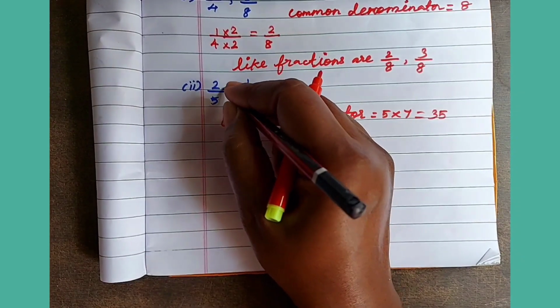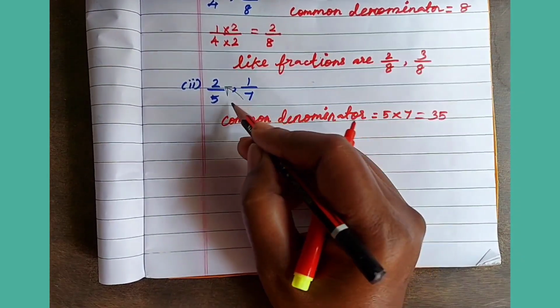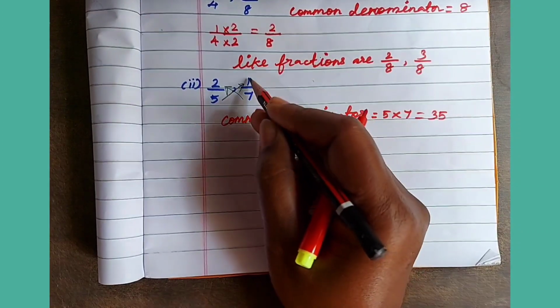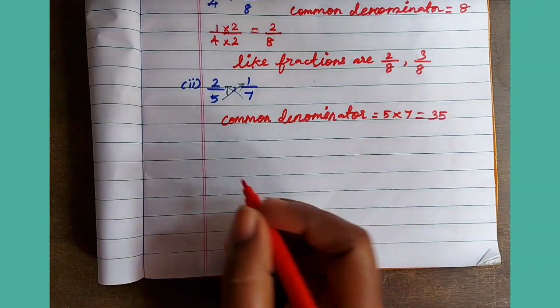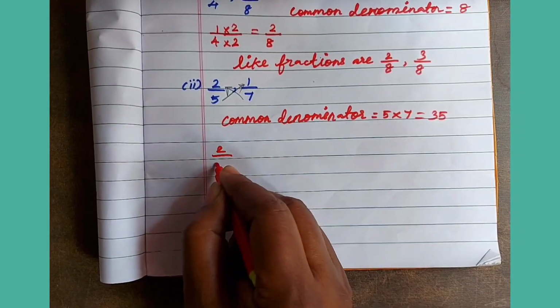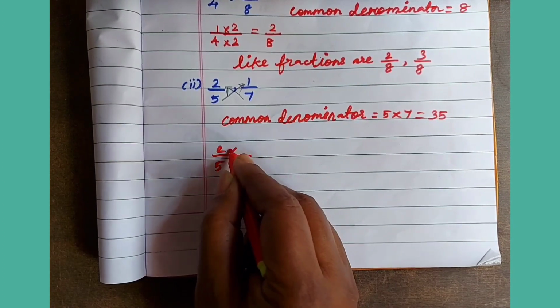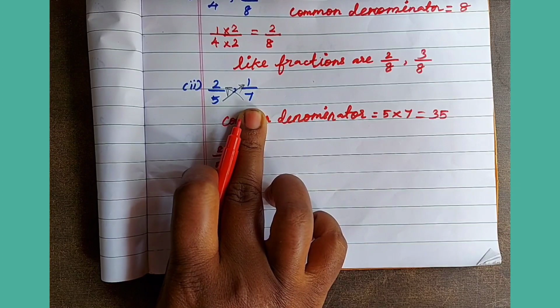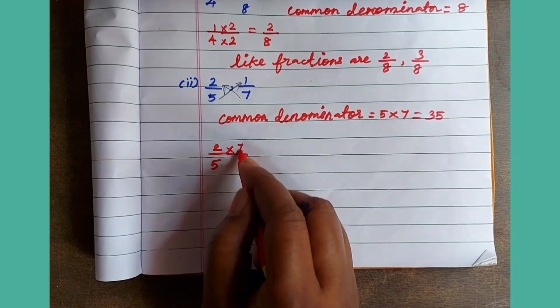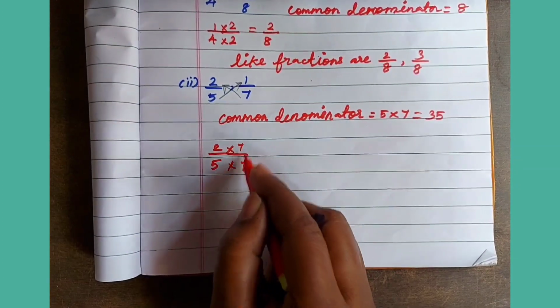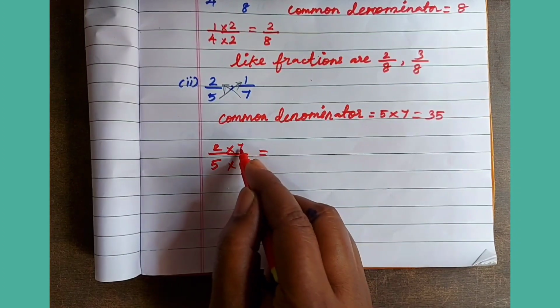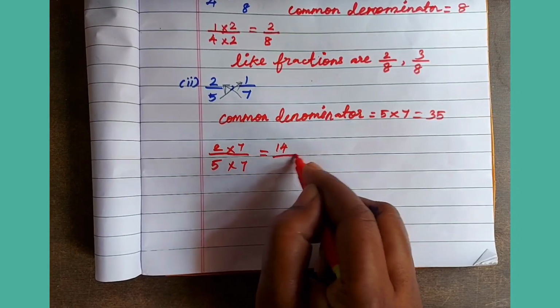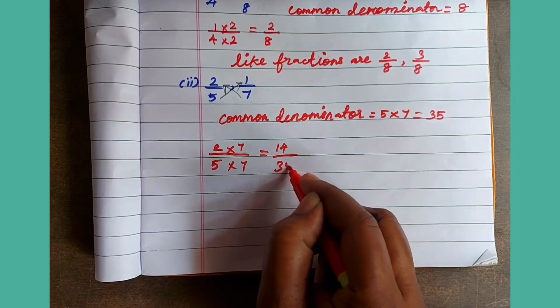The 7 table we multiply with this fraction, and the 5 table with the other fraction. So 2 by 5, we multiply with the opposite side denominator 7. 7 into 7, both numbers we have to multiply. 7 2s are 14, 7 5s are 35.